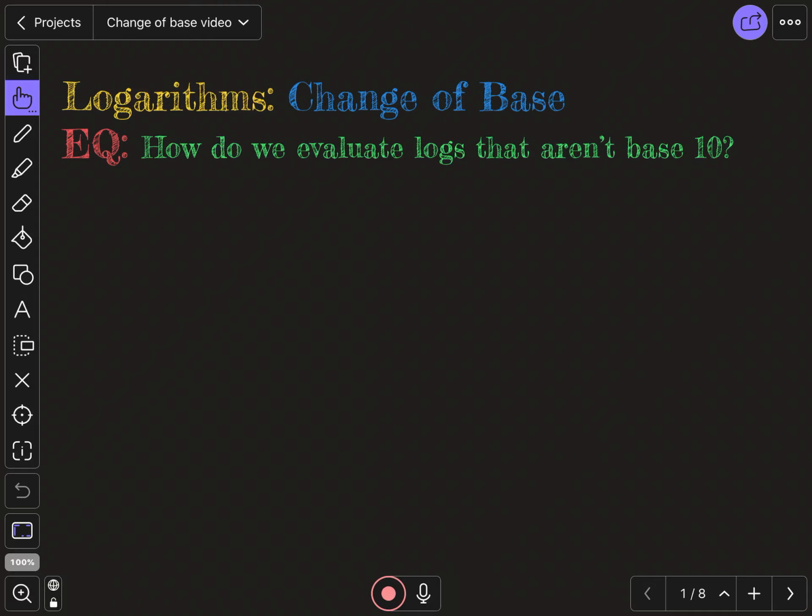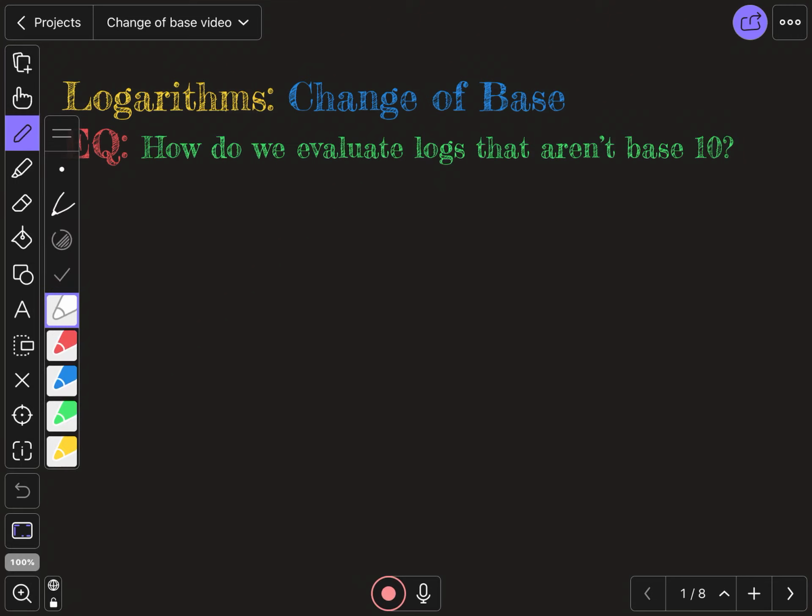So the idea of change of base is to help us figure out things like, what's log base 3 of 7? What you heard from Miss O'Neill is that when we say log base 3 of 7, it means 3 to what power equals 7.